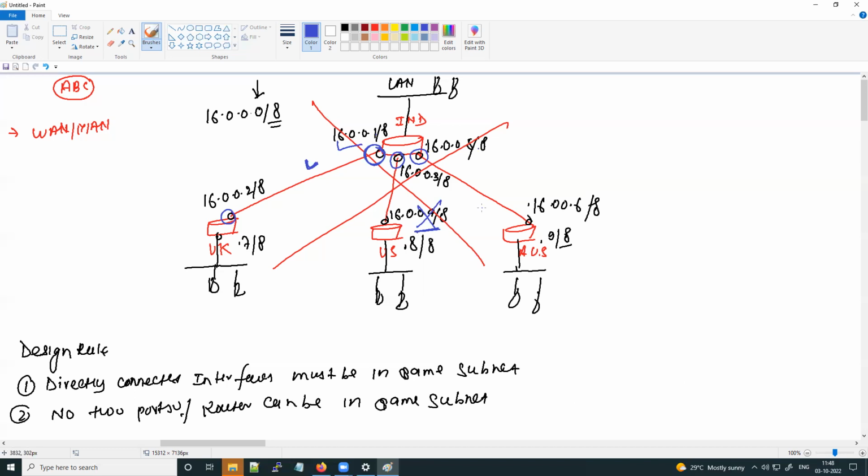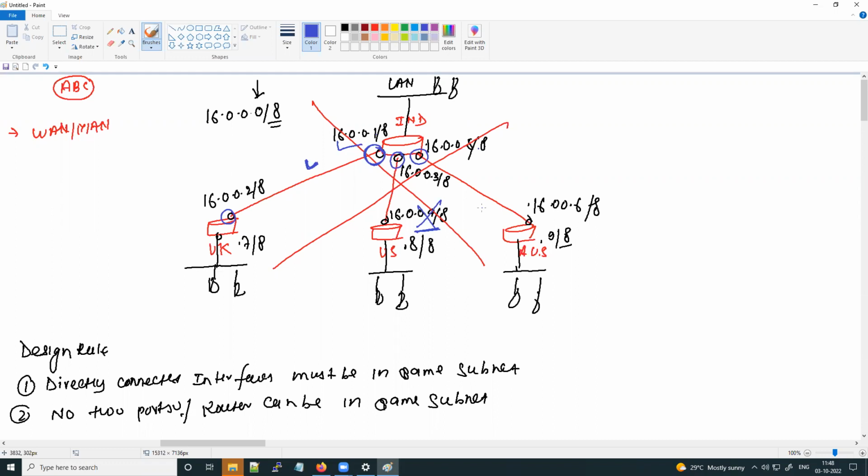Then the question will come, how would we design this network? If you have a requirement where a corporate organization has multiple branch offices in India itself, small branch offices, or multiple branch offices spread all over the world, and geographically they are separated, and they want to communicate, then how would they communicate with each other?